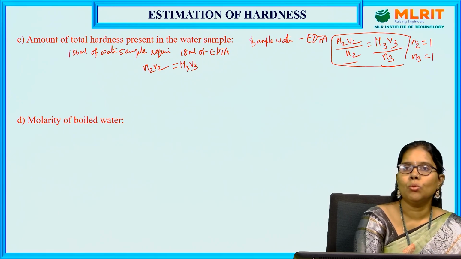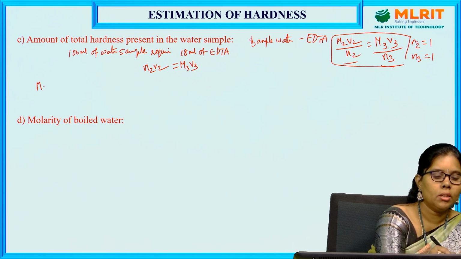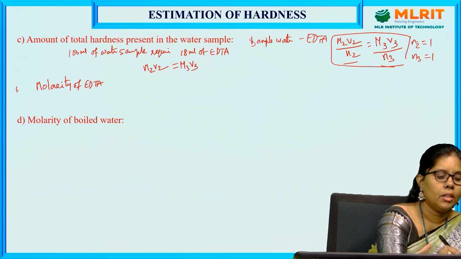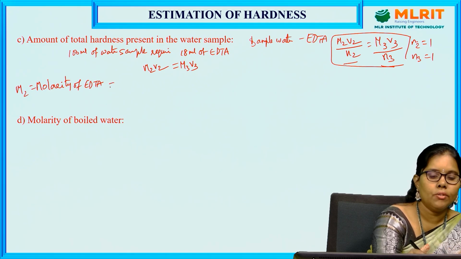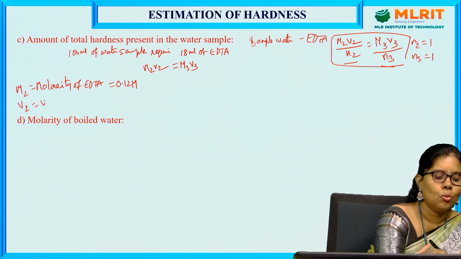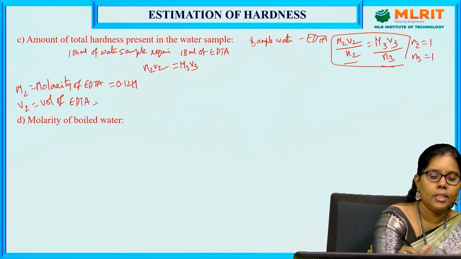What is M2? M2 is nothing but the molarity of EDTA. What is the value? We got 0.12 molar. V2, volume of EDTA consumed in this step, is 18 ml.